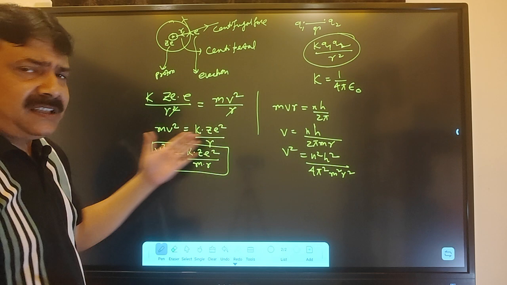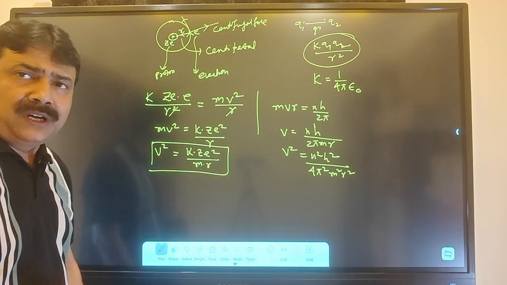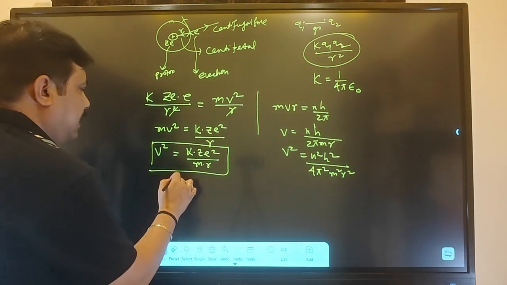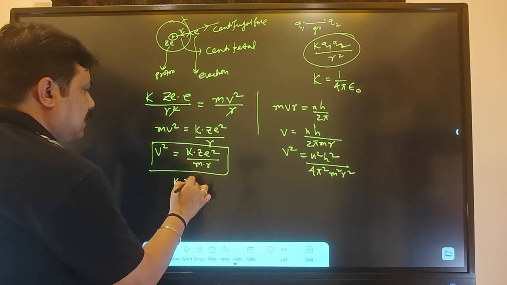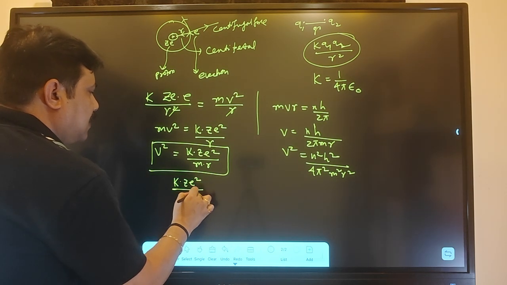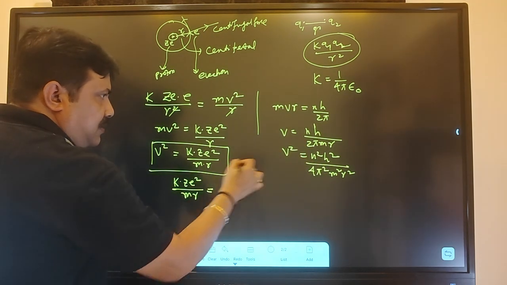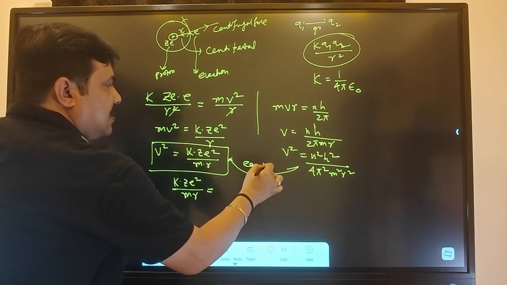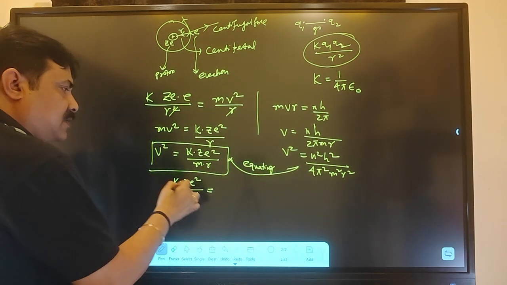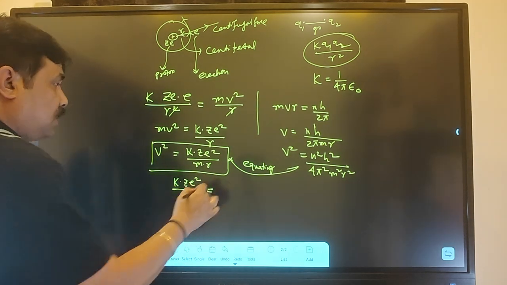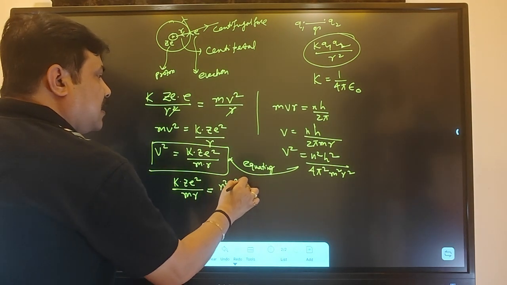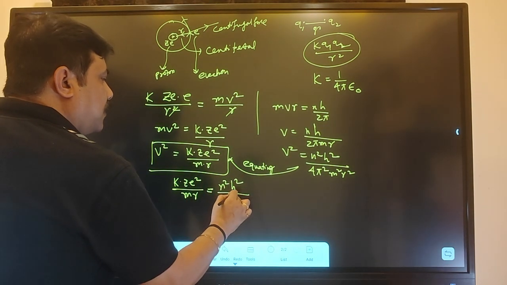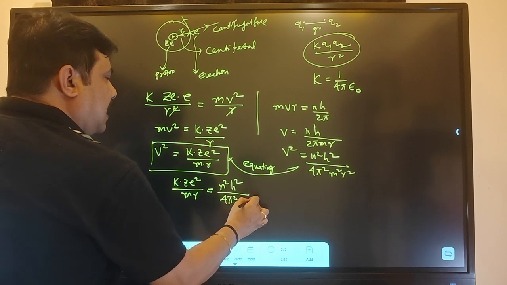Now both are representing the linear velocity, so we can equate them. Then immediately K Z square by m r equals n square h square by 4 pi square m square r square.